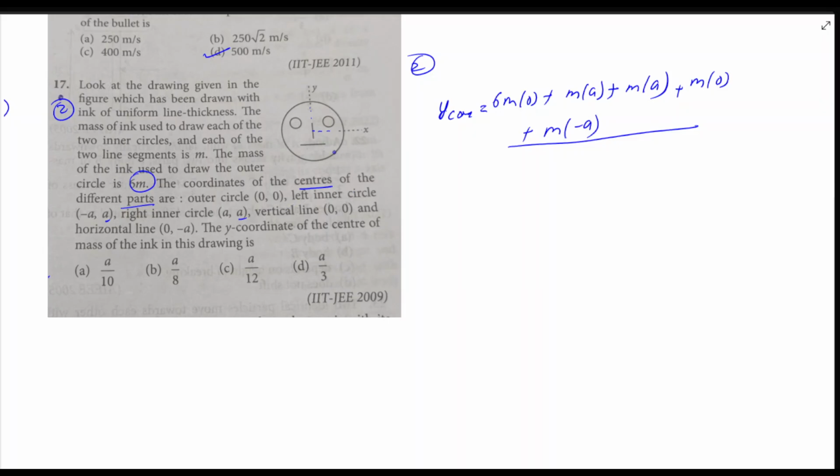The total mass will be 6, 7, 8, 9, 10, so it will be 10m. These will get cancelled, and the others are already 0. So we get a by 10 as our answer. Again, quite a simple question. Let's move on to our third question.